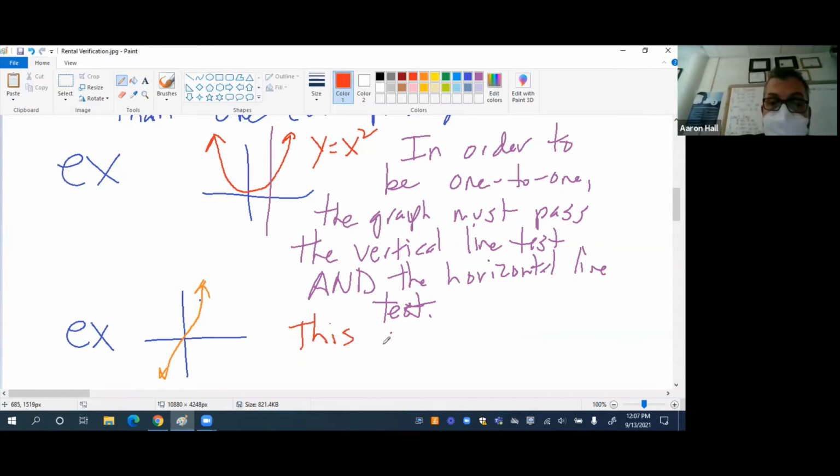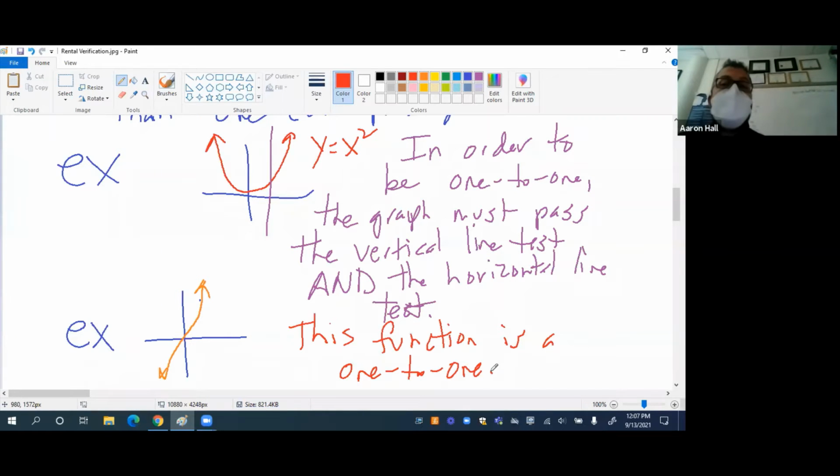This function is one-to-one, which means what about its inverse? Okay, it exists. The inverse is also a function. So what does the inverse for this look like? It has to be a reflection across what line? Yes, so we have this line here. Oh, actually, I think I missed the line.